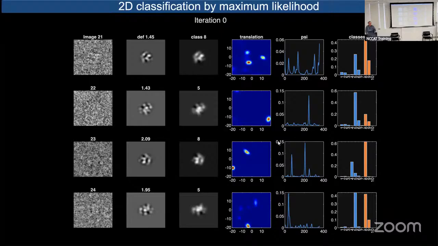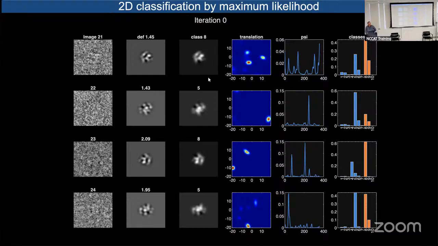So what we do is we start off, we take some kind of starting reference, maybe one image, and we take a set of different images and we ask, what does the gamma function look like? The gamma function has translations and rotations in it, and it also tells us which class is best matched by a given individual image.